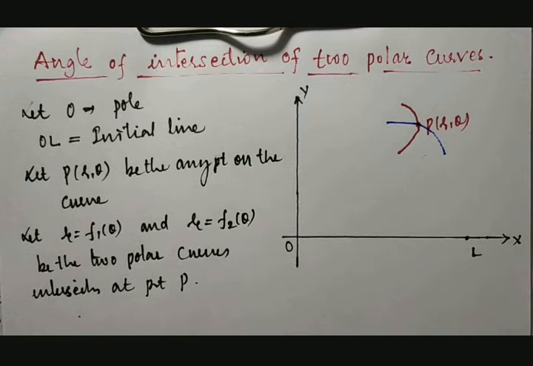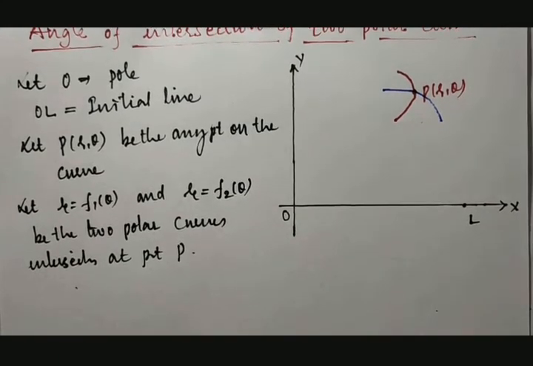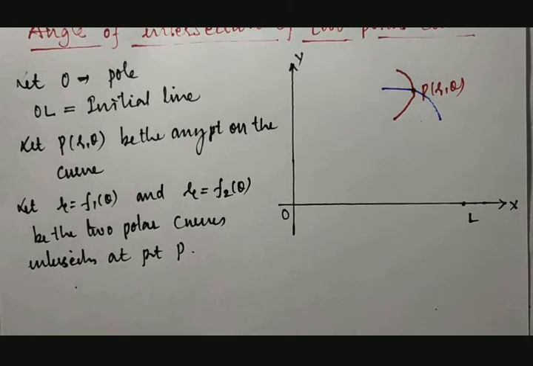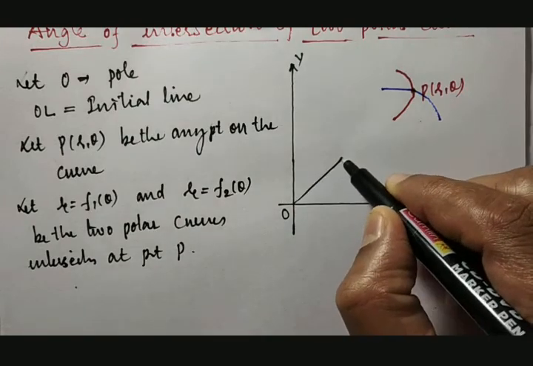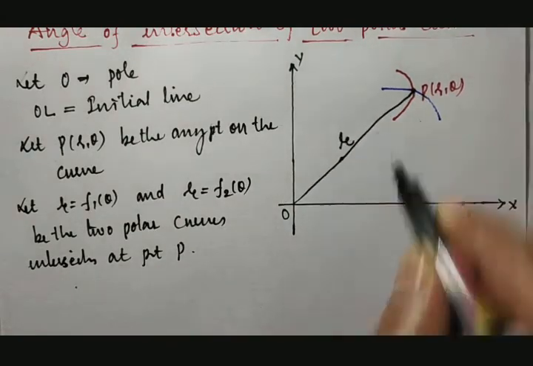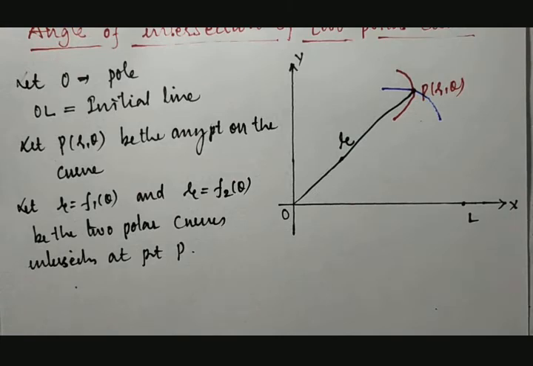To understand the concept of curve, we need a tangent. So we are going to draw a tangent, and one point will be considered which will connect from origin to this point P, and this is taken as R. Then here this will be theta. When this point is considered, automatically there will be two tangents.